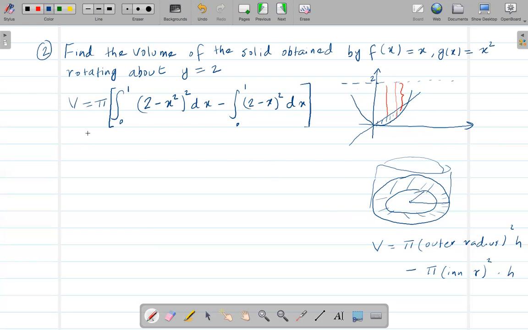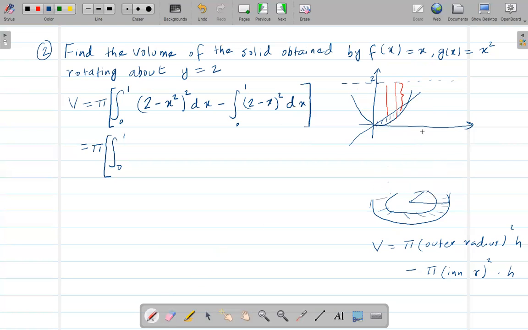So from this one, it's all about taking the integration. Since we have a square here, I can expand this.